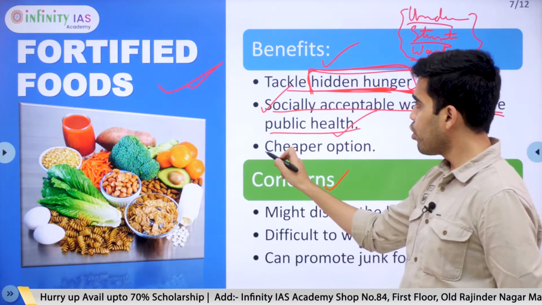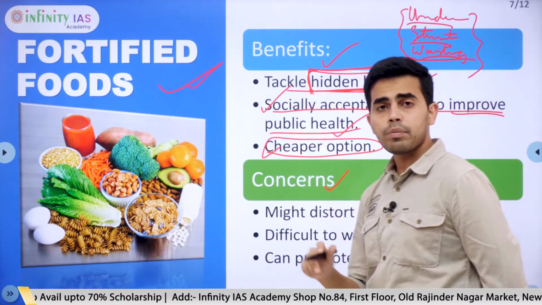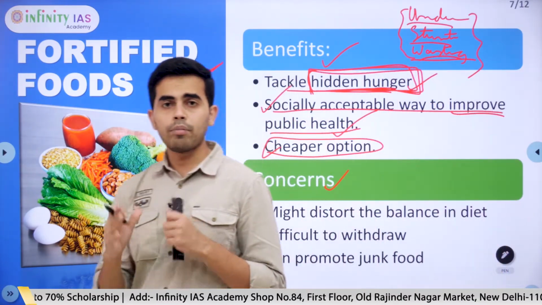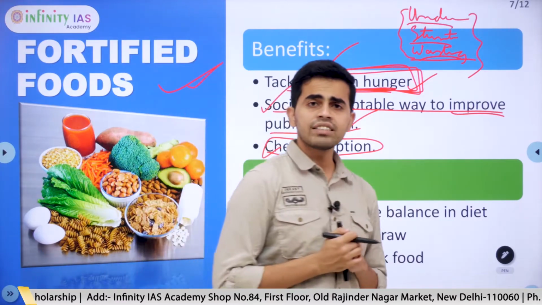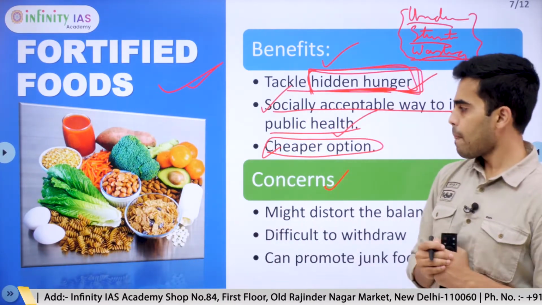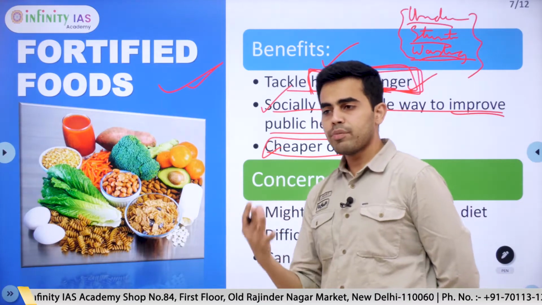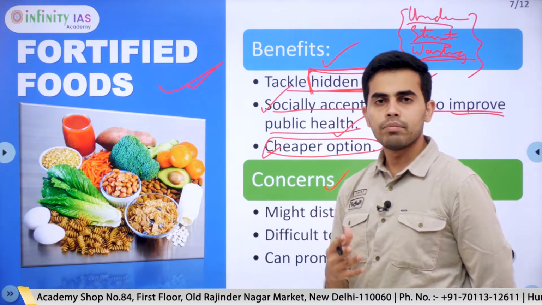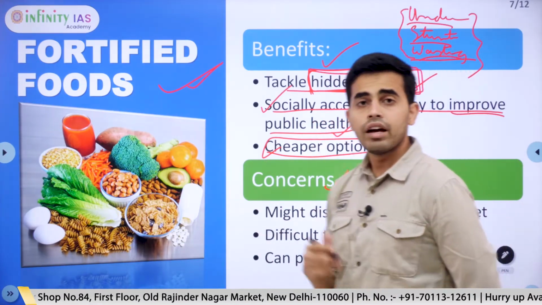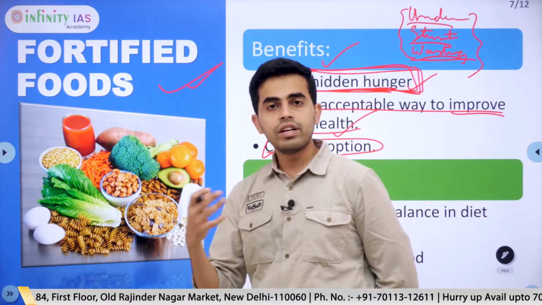Next comes, fortified foods are cheaper options to combat certain problems. For example, iodine deficiency. Iodine deficiency, if the person gets a thyroid problem, a goiter, it will become very costly for us to treat it.